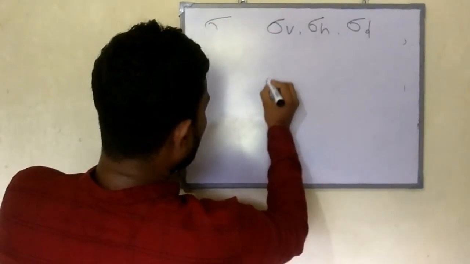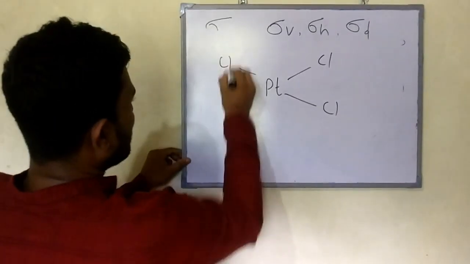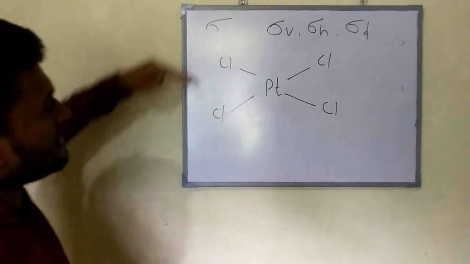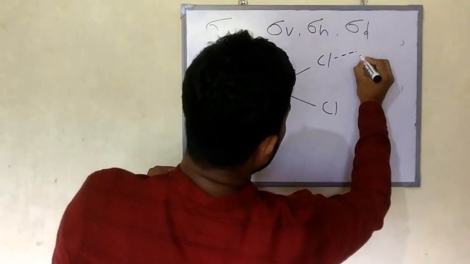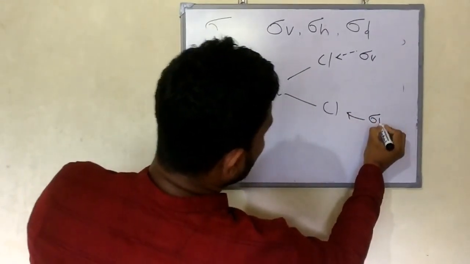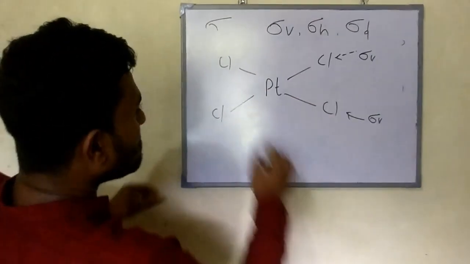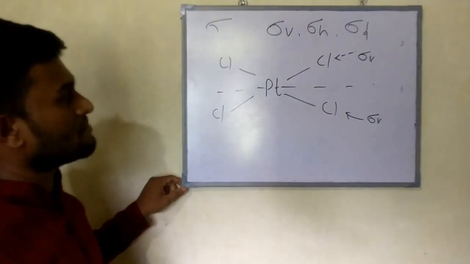For the same molecule, we can see this is one sigma v, this is another sigma v. This is also sigma v, this is also sigma v. The two axes can bisect the two sigma v or two-fold symmetry.